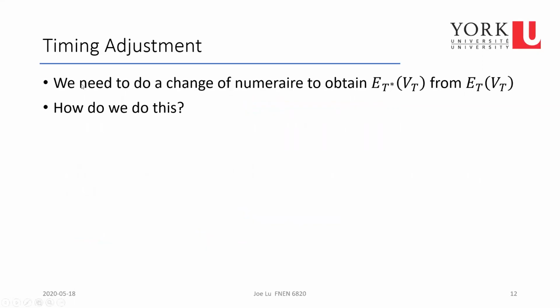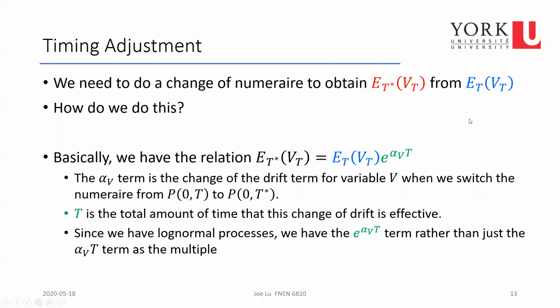The way we do that is we change numeraire to obtain the expected V at T, with the expectation using a zero coupon bond that matures at T star, from the expected V at T with a different zero coupon bond as a numeraire.